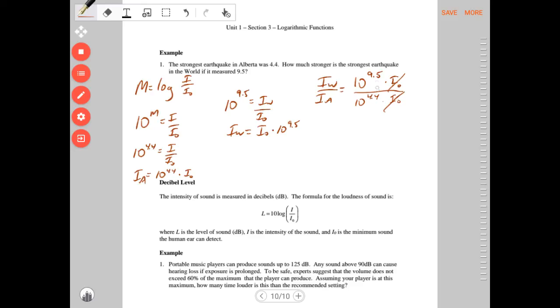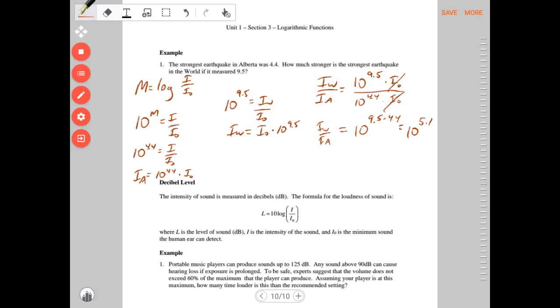Now look, this is just a glorified exponent law question. They're the same bases, and we subtract the exponents. So how many times greater the world one was is simply 10 to the 9.5 minus 4.4, which is 10 to the 5.1.